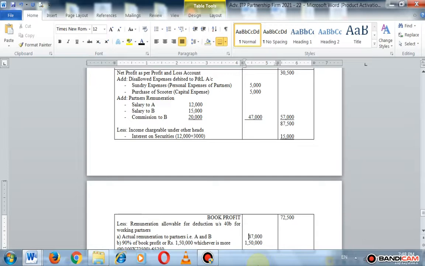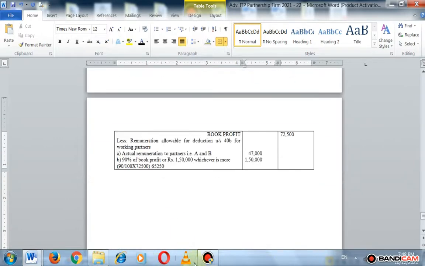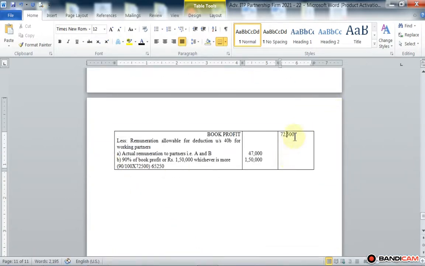And after comparing, that value which is lower, which is minimum, is allowed for deduction. So here 47,000 is the minimum value, so 47,000 is allowed for deduction from the book profit.